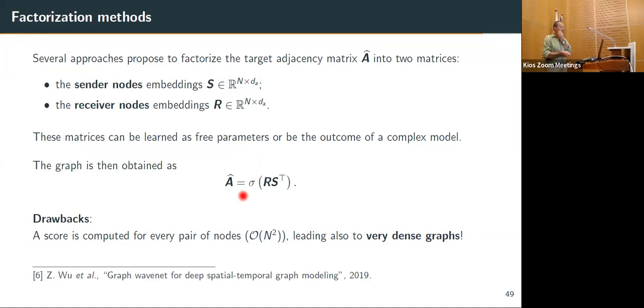One possibility is to start from this equation, that the adjacency matrix is a nonlinear transformation of something which depends on the information coming to me and what I'm giving to the others. So if there is a dependency between a group of you and me, it means that an unknown group of you is sending something, is connecting with me.